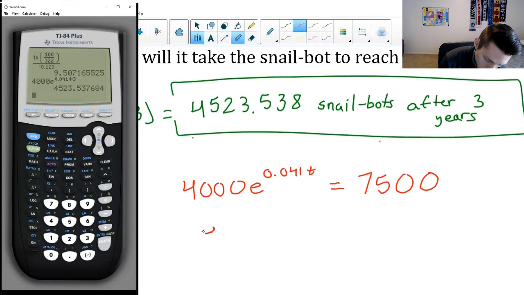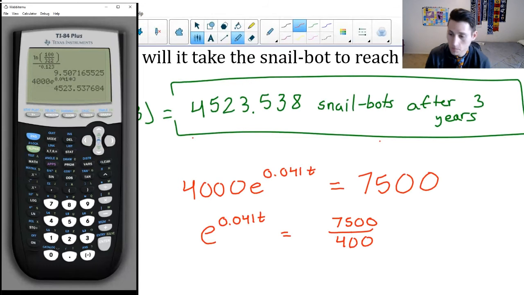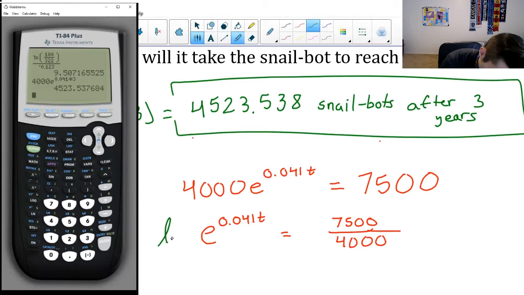So we solve. Divide, oops, not 400, 4,000. Divide 4,000 on both sides. We have e that we want to get rid of, so let's use natural log on both sides.